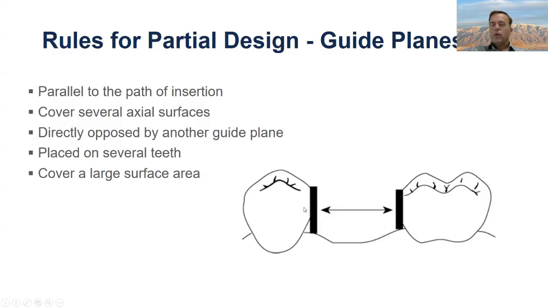And the other thing is that these are only going to work with a really good impression, because if there's just a slight amount of variance, all of a sudden these aren't engaging and they're not really doing anything. So this is why either vinyl polyether or even better an intraoral scan is ideal for partial dentures.